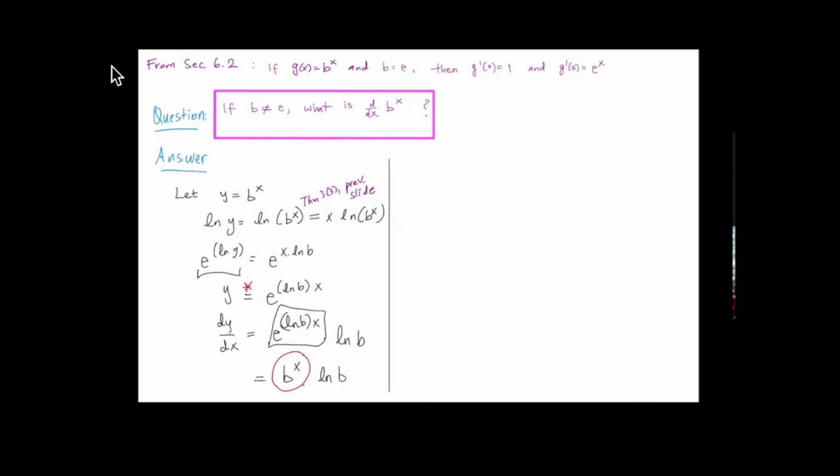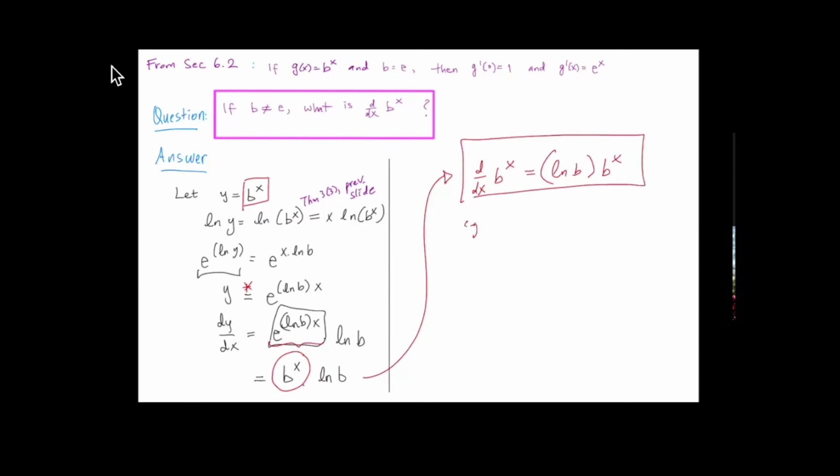So this quantity here is equal to y, but then y is equal to b to the x. And so the derivative of b to the x is natural log of b times b to the x.